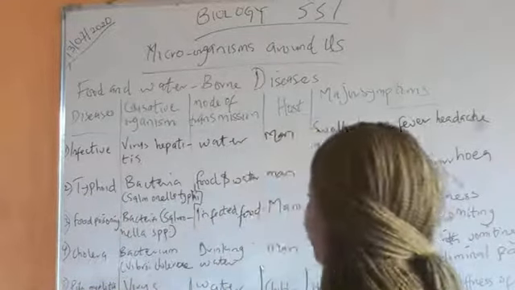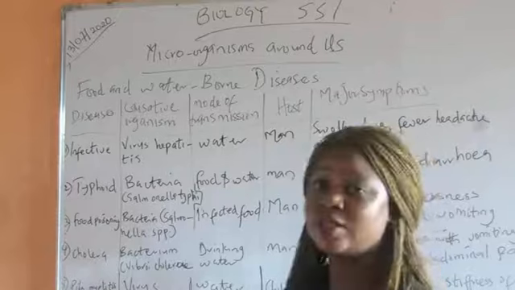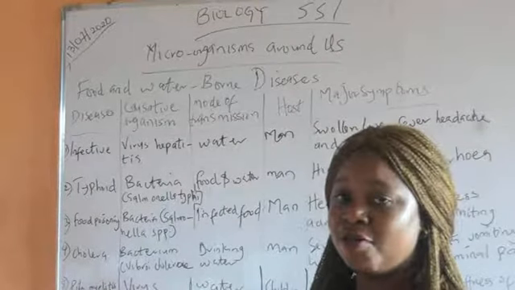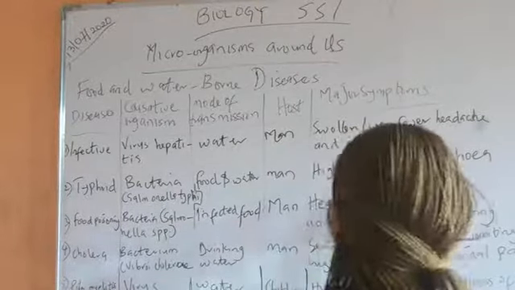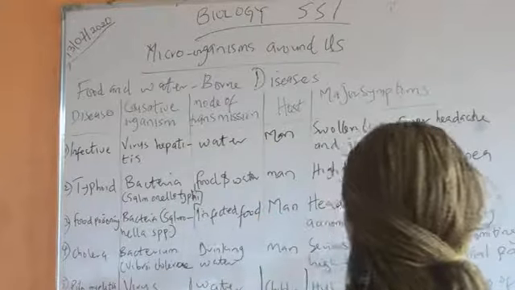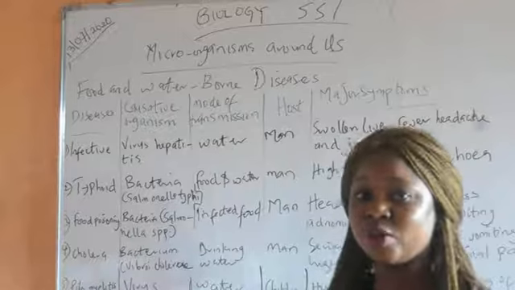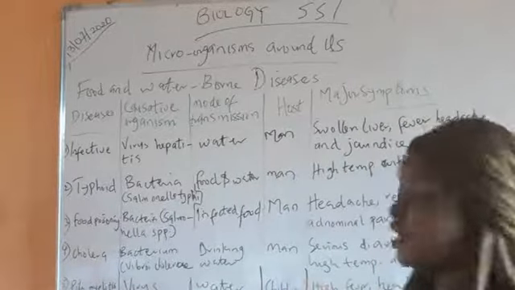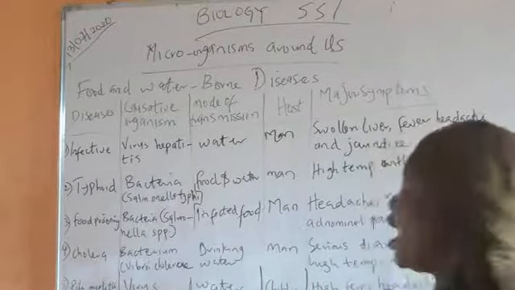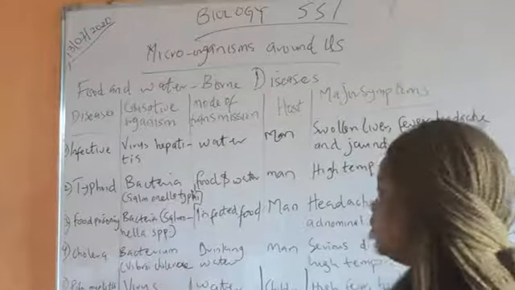The host is man, whether male or female of any age. The symptoms are headache, restlessness. When someone eats food that is poisoned, you have headache, restlessness, abdominal pain, and vomiting also. So those are the symptoms.